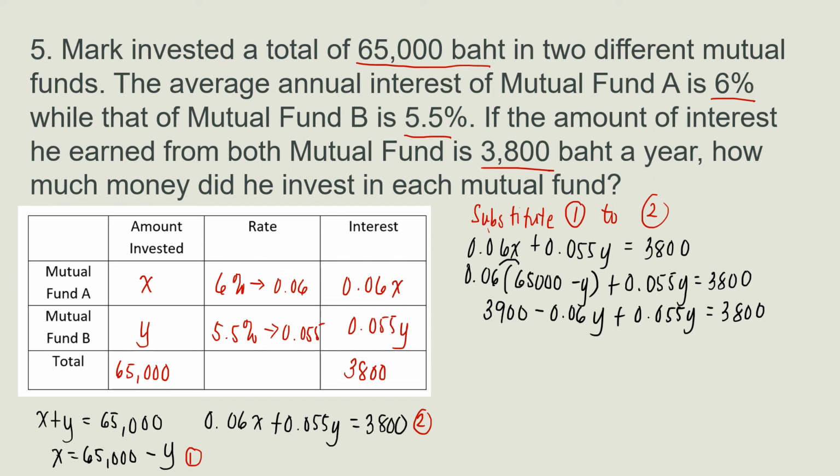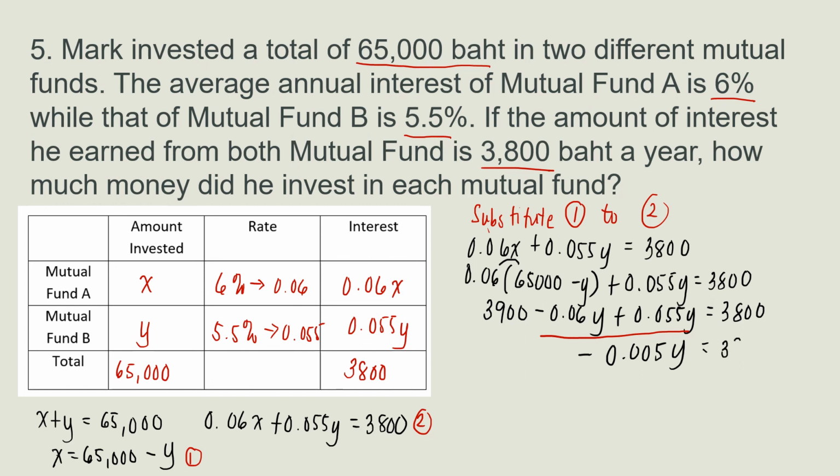Let's combine like terms. We will have negative 0.06y plus 0.055y, which is equal to negative 0.005y. Then let's transpose 3,900 to the other side.